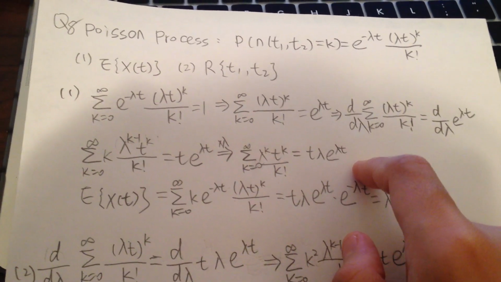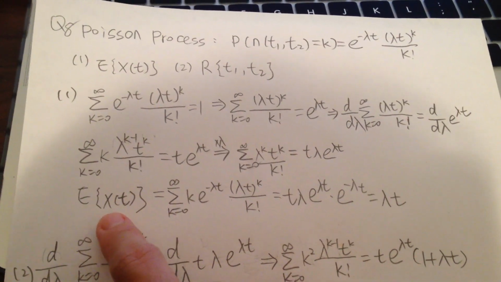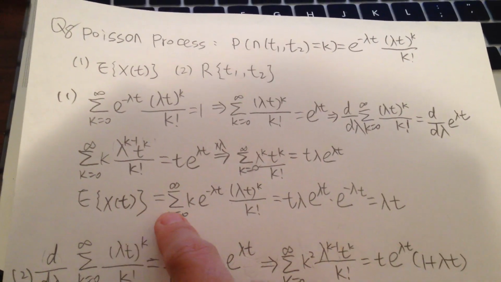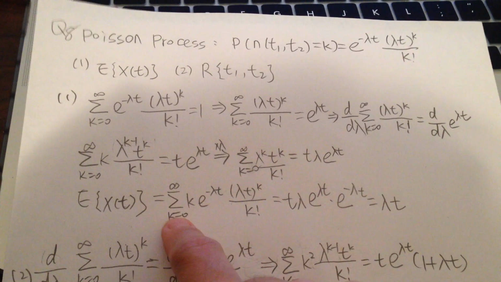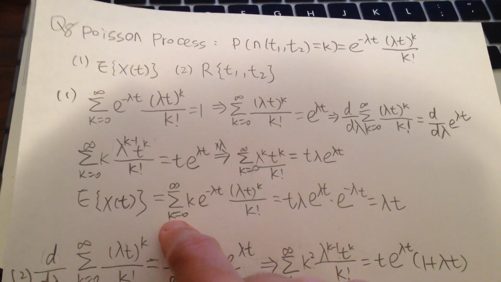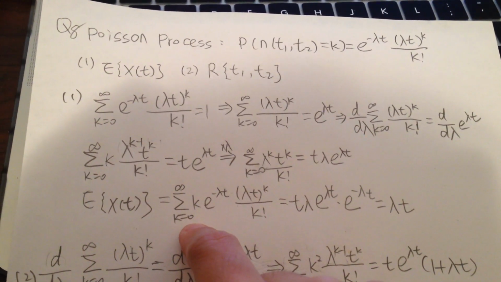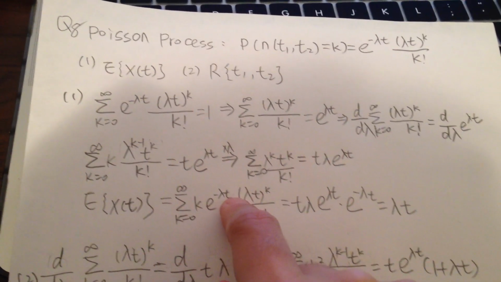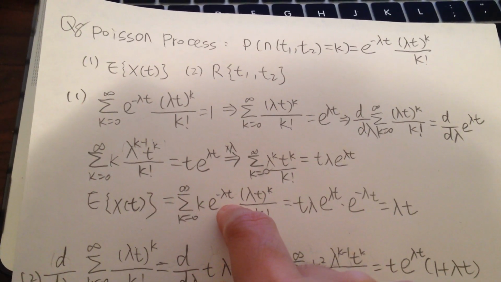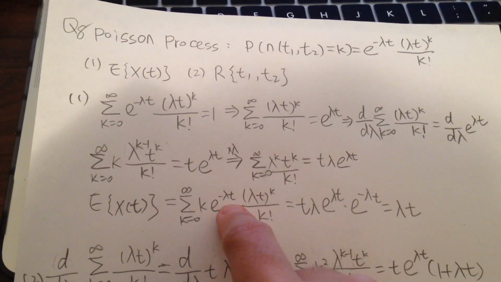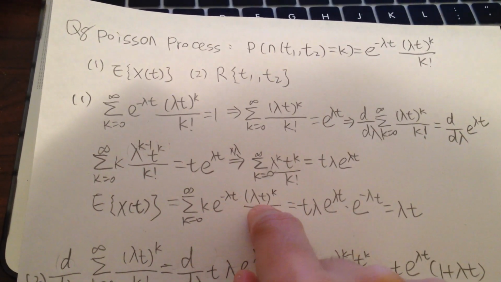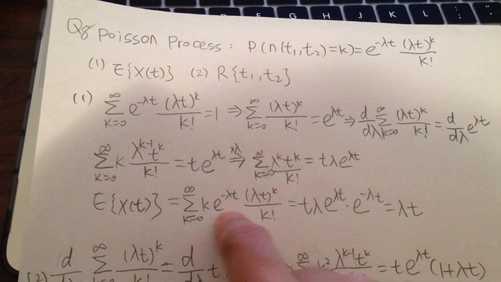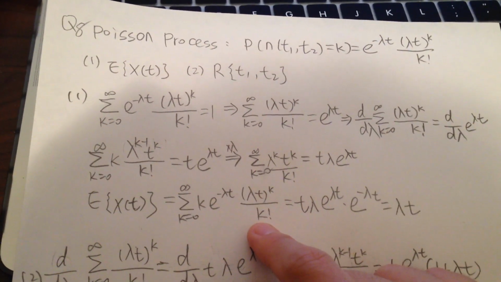So far we can get the expectation of X(t), which equals the sum of k from 0 to infinity of k times e to the power of minus lambda t times (lambda t) to the power of k divided by k factorial.